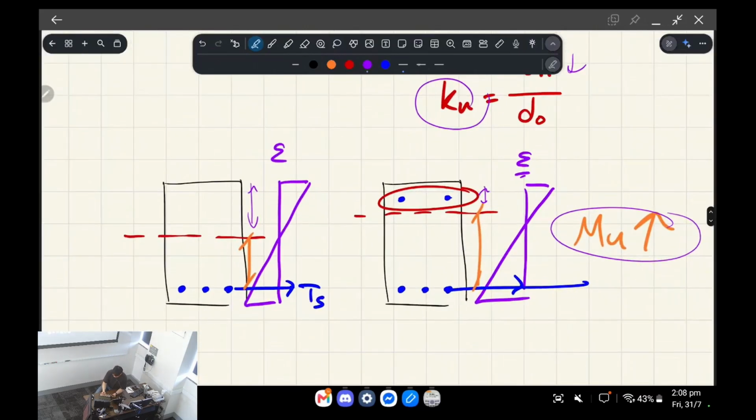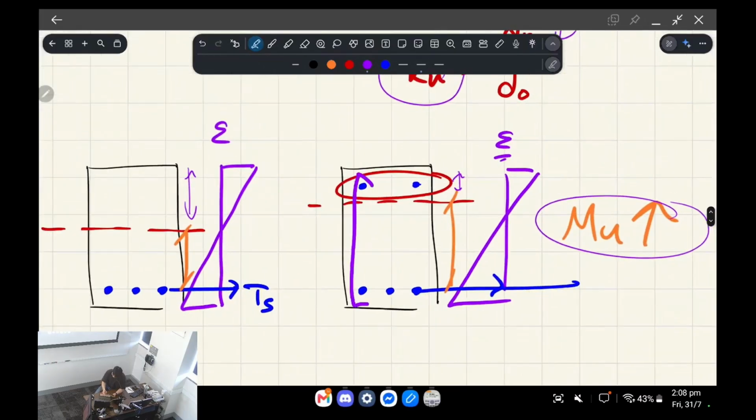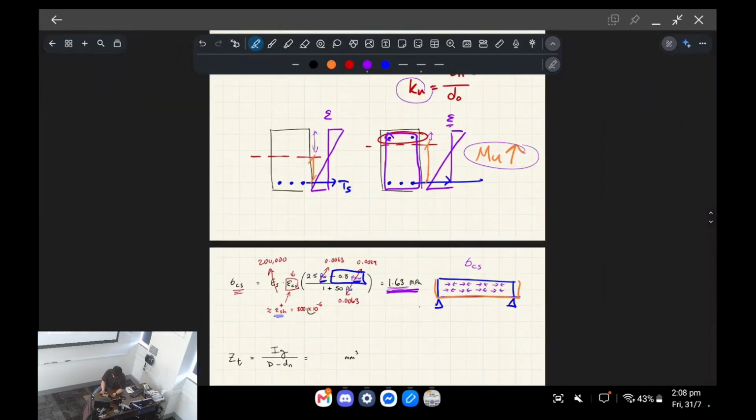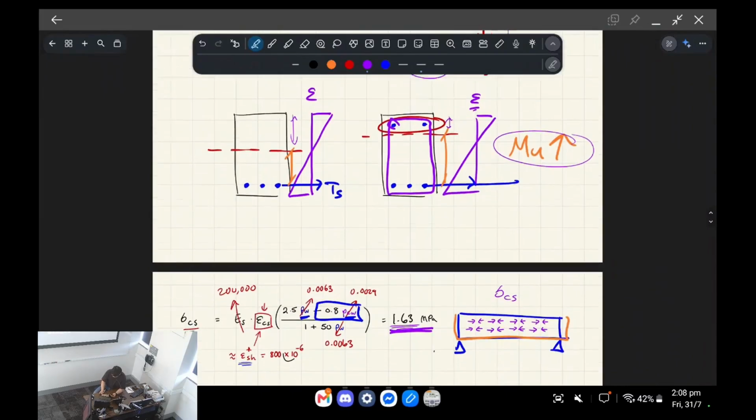What it does in shear, which we went over last week, is it gives you something to wrap your stirrups around, right? So that's pretty important. And then in this topic, it has two uses as well.